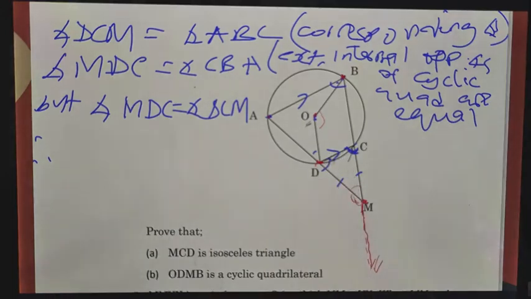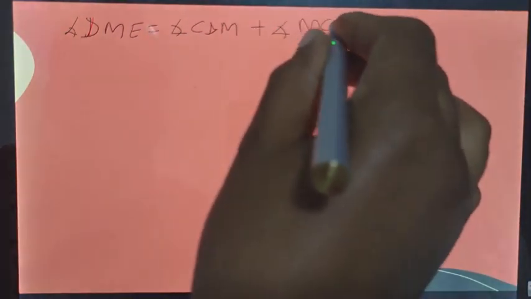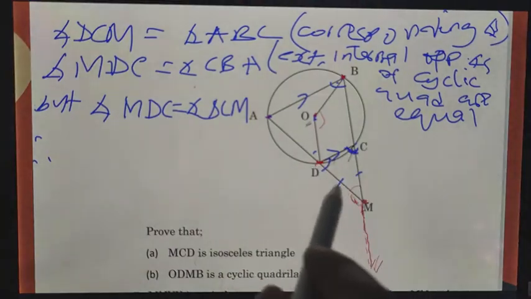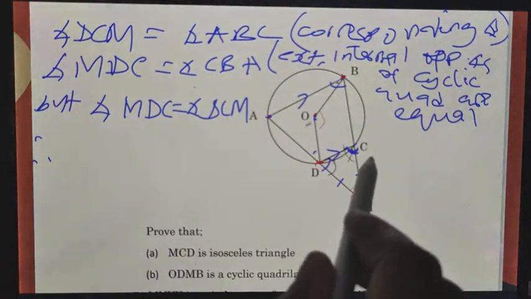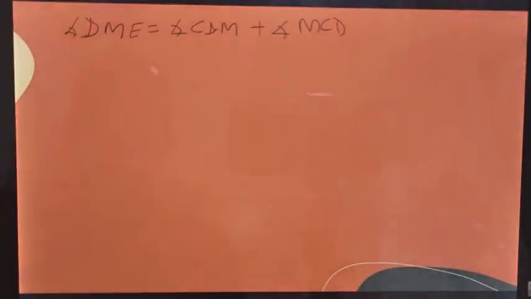So that one is equal to angle CDM plus angle MCD. CDM and MCD, that angle and that angle, are equal to that angle. We let them be like that.